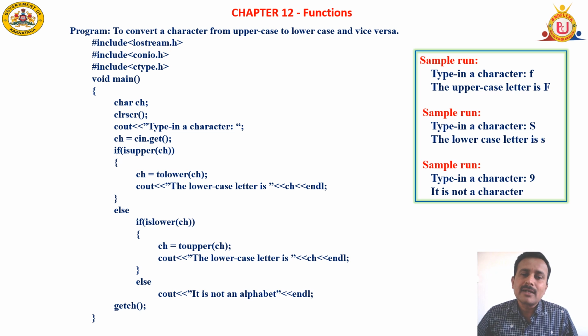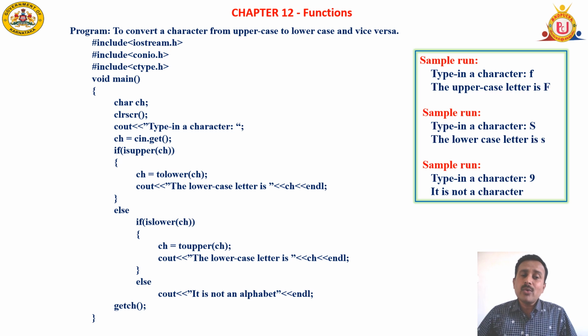It will print the character whichever you give. If you give it in uppercase, then it is going to convert it into lowercase and print. If it is not in uppercase, then it will come to the else part. See, if isupper of ch is not true, then it will come to the else part.